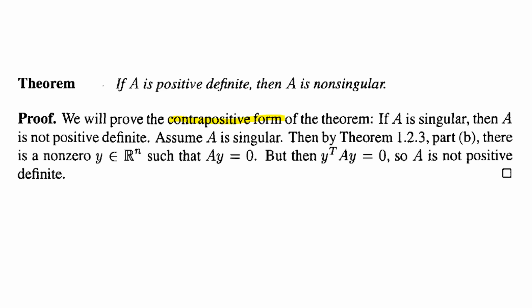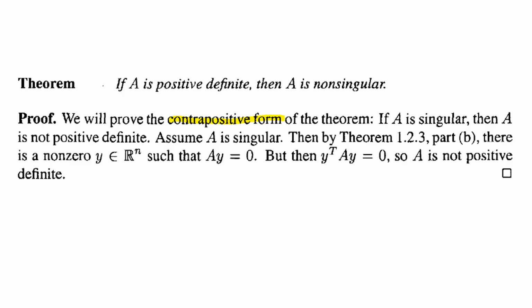And for this, we will consider that A is singular, then A is not positive definite. This is called the contrapositive form, while our statement is that if A is positive definite, then A is non-singular, and the contrapositive form of this statement is if A is singular, then A is not positive definite.